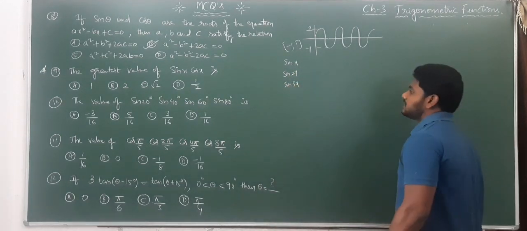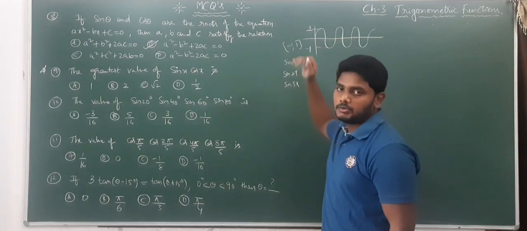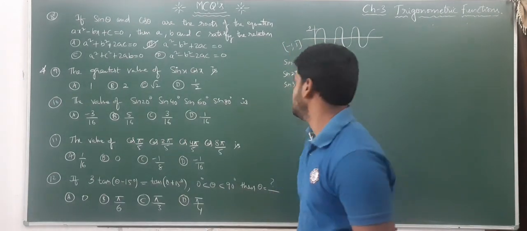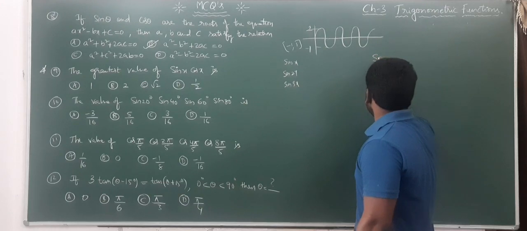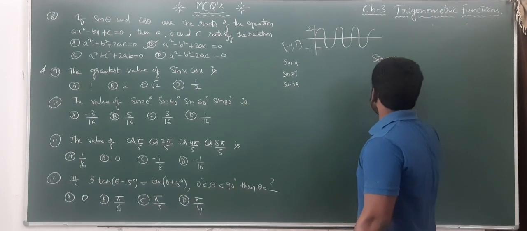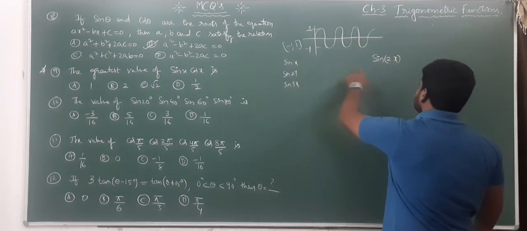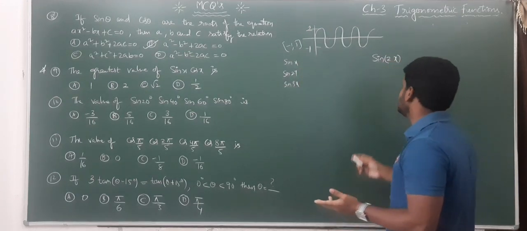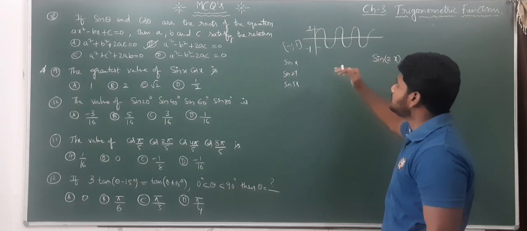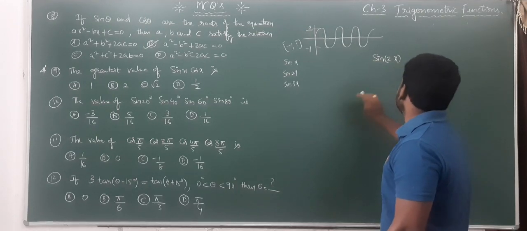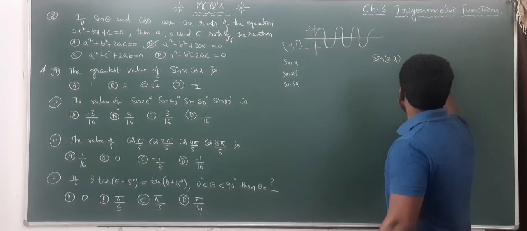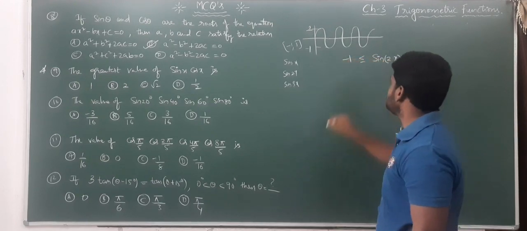If a sine function is there, that range is in between minus 1 to 1 only. That is fixed. Now I will consider sin 2x. No matter that it is 2x, since sin is there, the range is in between minus 1 to 1. So it is less than or equal to 1, greater than or equal to minus 1.